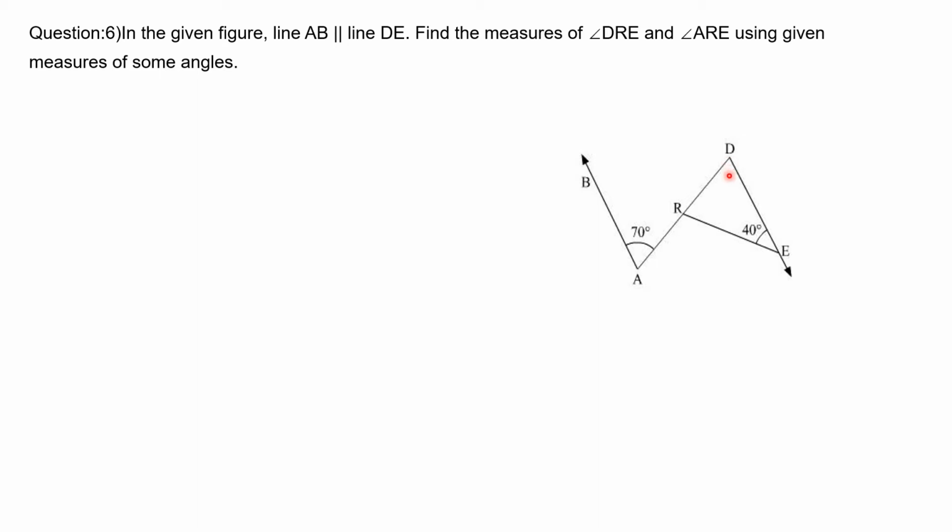Here, measure of angle D is 70, measure of angle E is 40. Then, what is the measure of angle R and how do we find it? We find it by using the angle sum property of a triangle. So, now we see the solution. AB parallel DE and AD is the transversal.